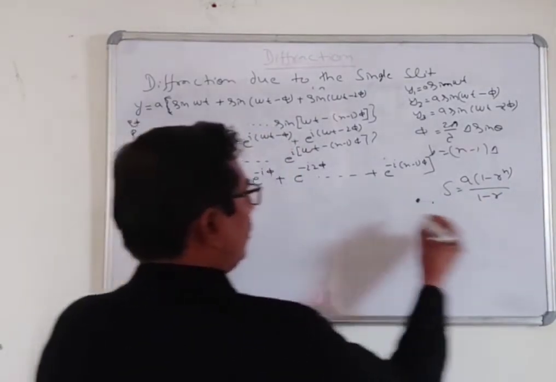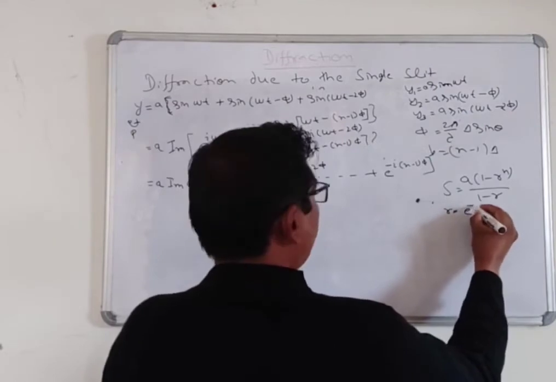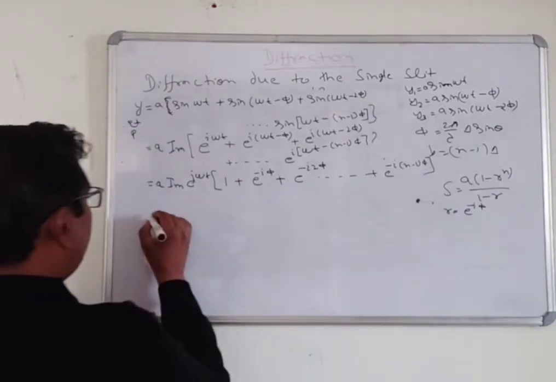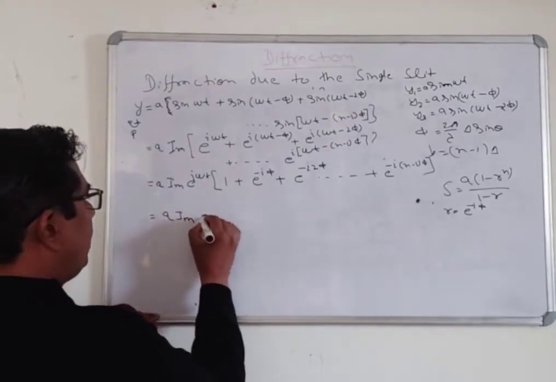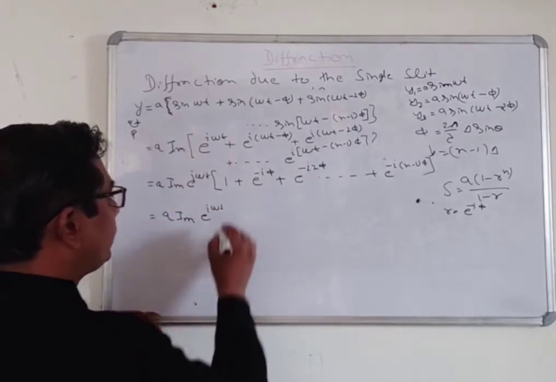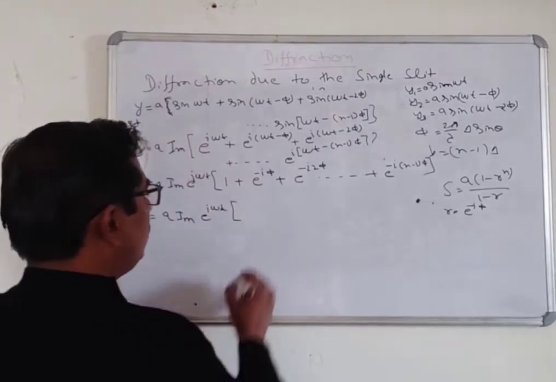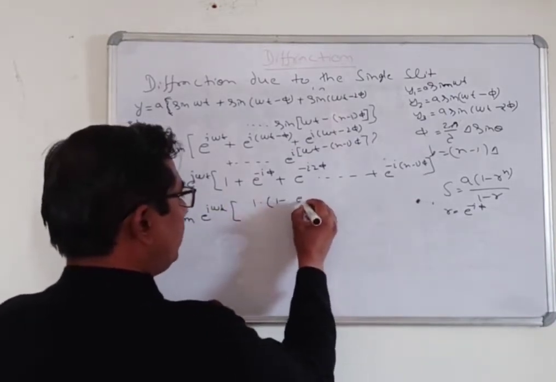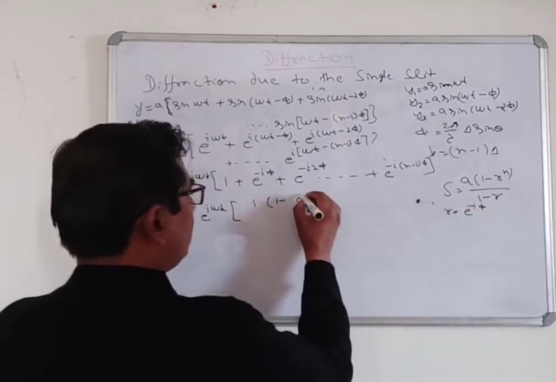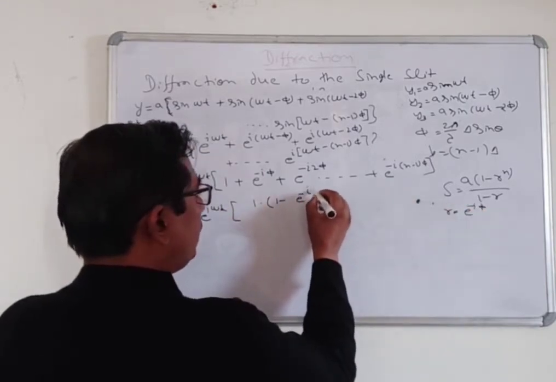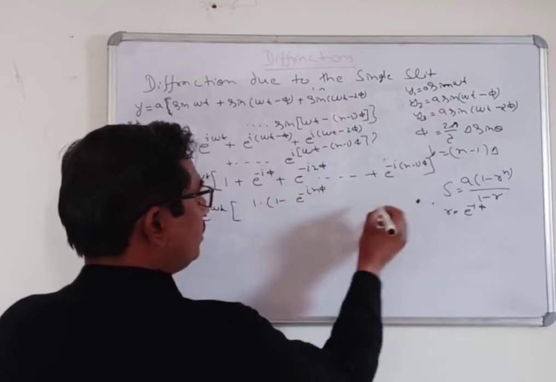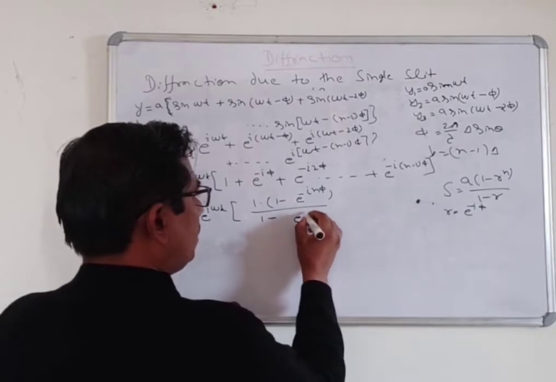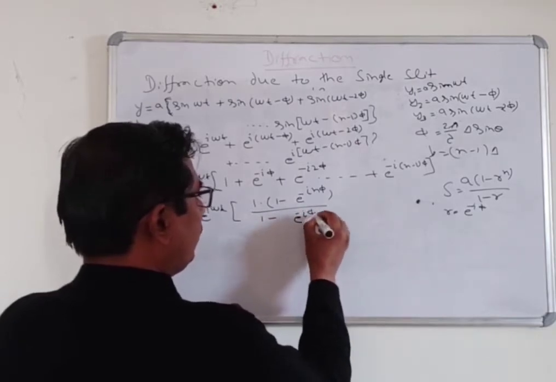What will be the common ratio? Here the common ratio is e to the power minus i phi. You can see that. Now you can write it like that: the imaginary part of e to the power i omega t equals 1, that is the first term, times 1 minus e to the power minus i n phi, divided by 1 minus e to the power minus i phi.